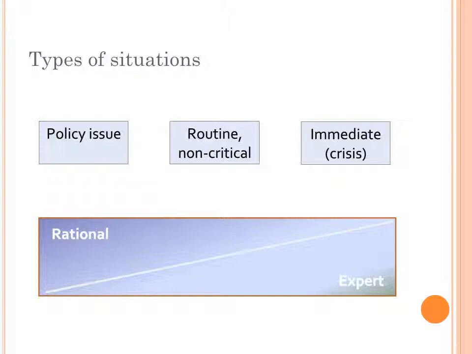And your approach to dealing with those situations can come from a mixture of the rational approach and the expert approach. And you can see that the rational approach is probably weighted more towards the issues where you've got time to ponder. Whereas the immediate crisis issues, you already need to know what you should be doing. And that's what makes you an expert in terms of ethics.